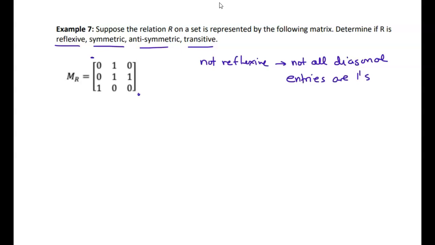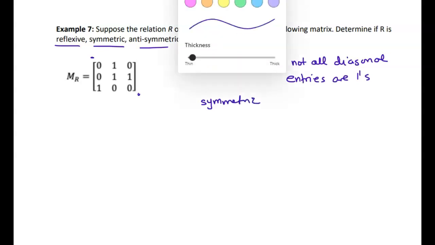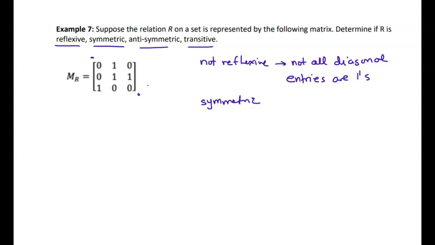Okay? All right, let's look at symmetric. So the symmetric property happens when you look across the main diagonal, and the entries across the main diagonal need to be the same.